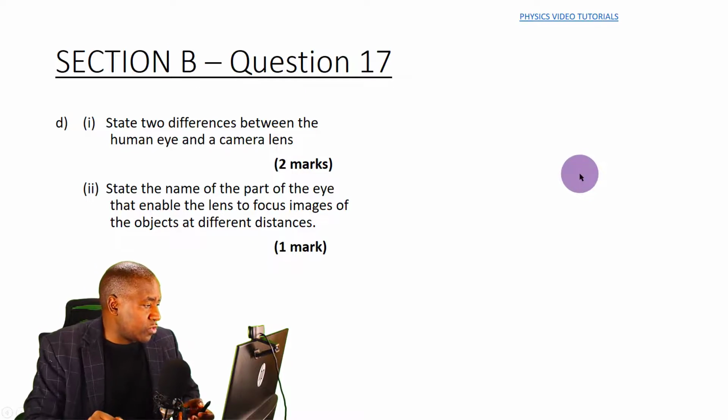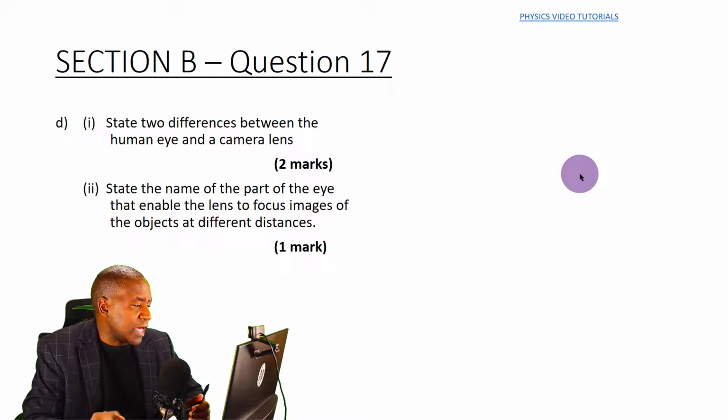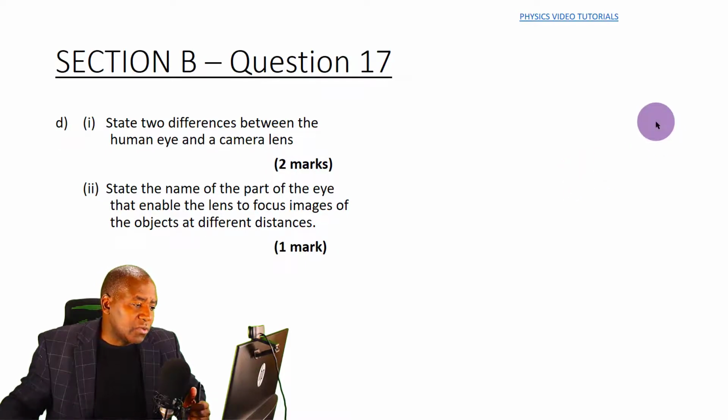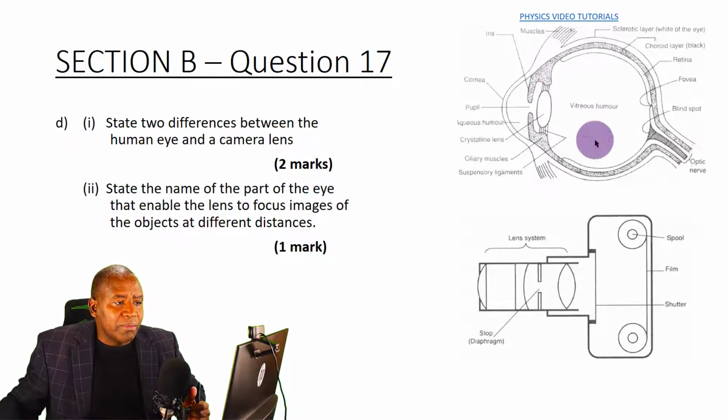And let's go to part D, where we are asked to state two differences between the human eye and a camera. We are also asked to name the part of the eye that enables the lens to focus images of objects at different distances. First of all, let's look at the human eye and the camera.